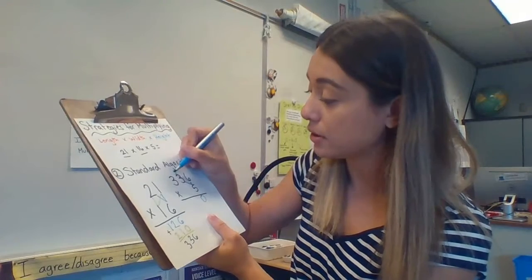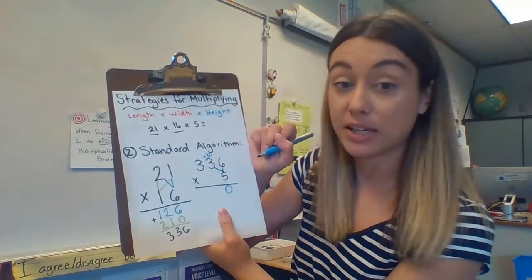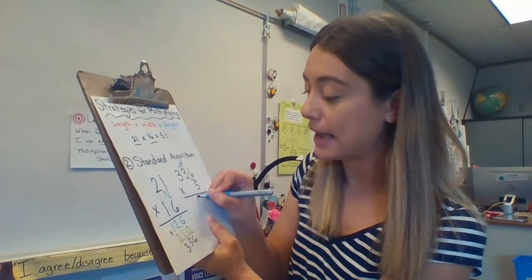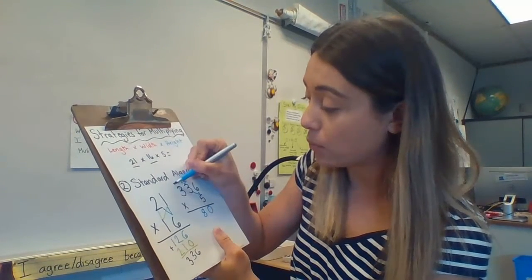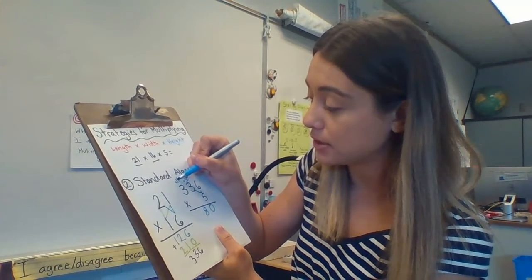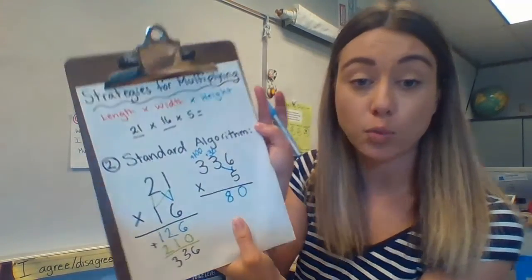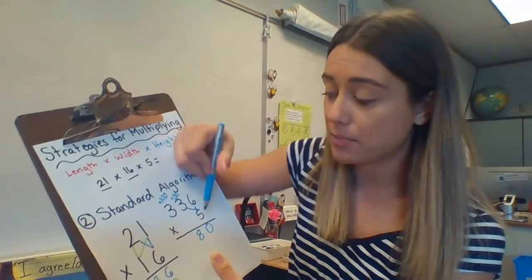Plus my other 30, I could write that little dotted 0 to make it a 30, is 180. So I put my 80 down here, and then I carry my 100, and I can put those dotted zeros if I want to help me. So I know that's 100. So I just did 5 times 30.